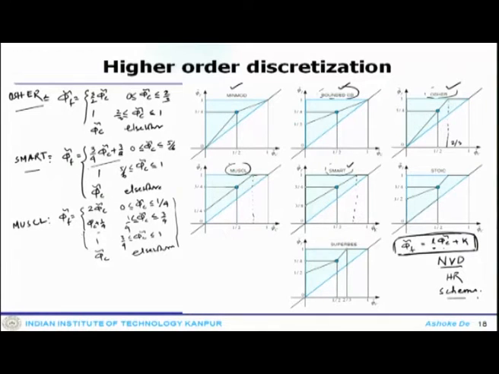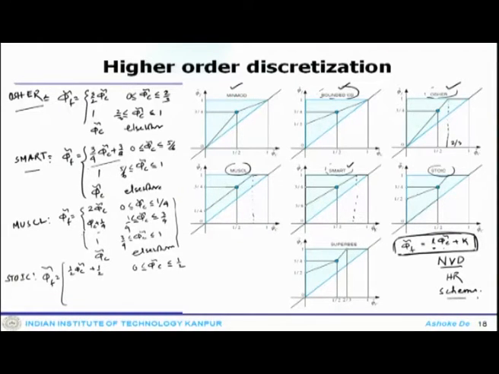Now you look at the STOIC scheme. What does it do? The STOIC says you use phi f equals half phi c tilde plus half when phi c tilde lies between 0 and half. That means 0 to half, it is half plus phi tilde.